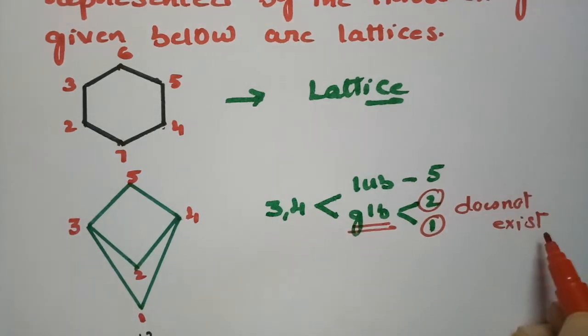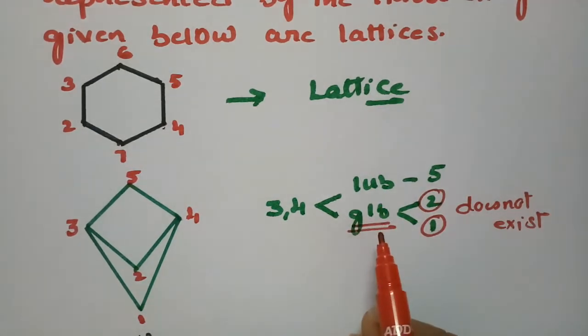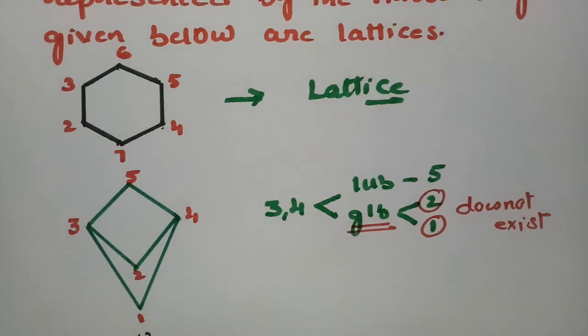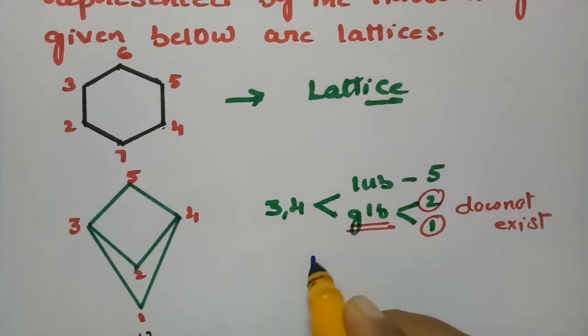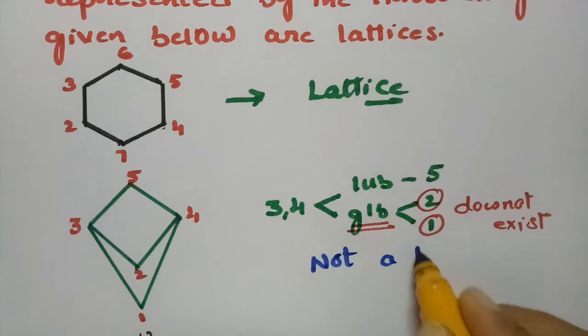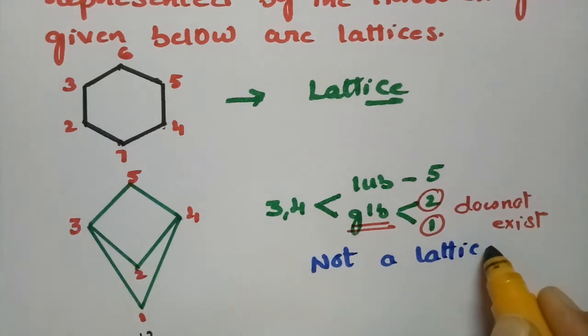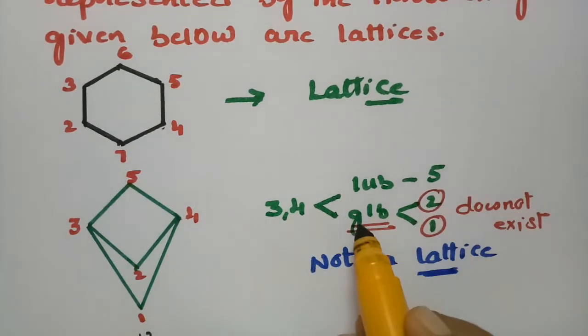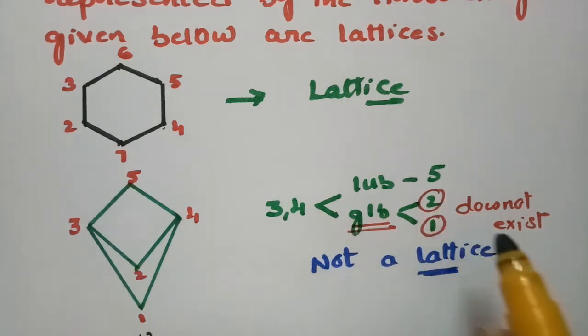It should be unique. The least upper bound and the greatest lower bound must be unique for any pair of elements. So we say that the given poset represented by the Hasse diagram is not a lattice, as it contains two greatest lower bounds.